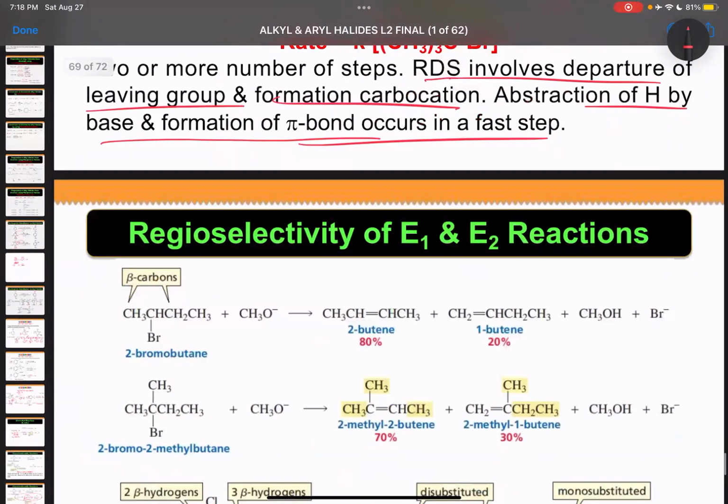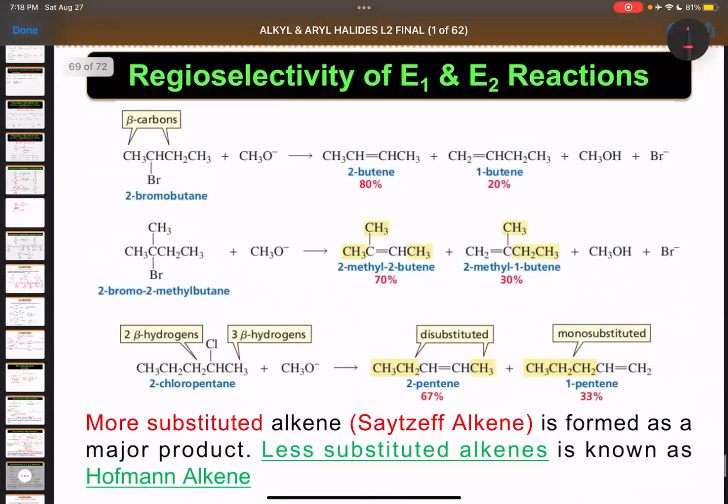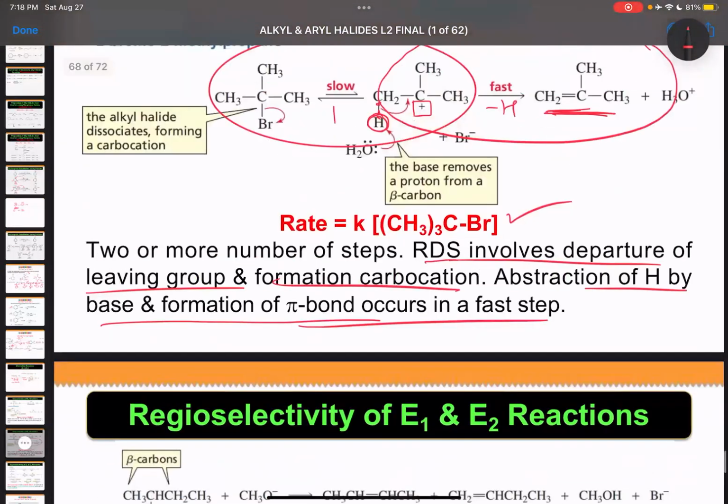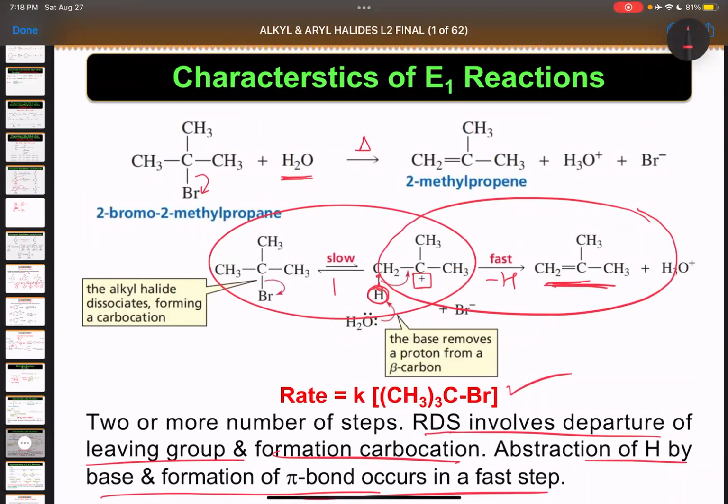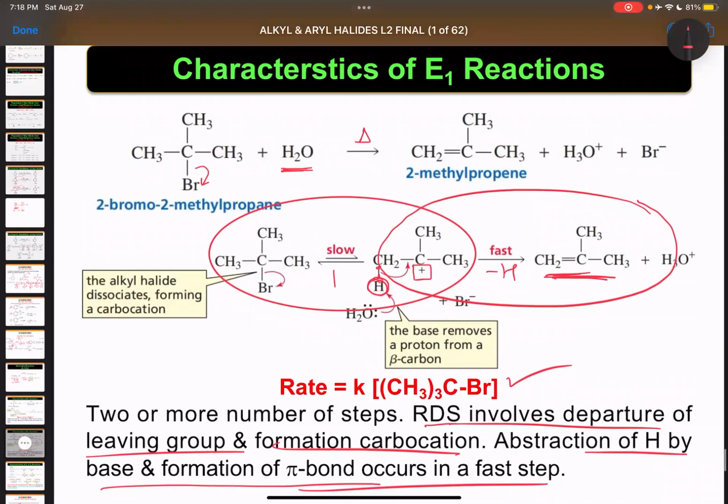Now suppose in this case we were not bothered about the nature of the alkene because we were having only one alkene formed. Is it clear? There was only one type of alkene because all were methyl groups.